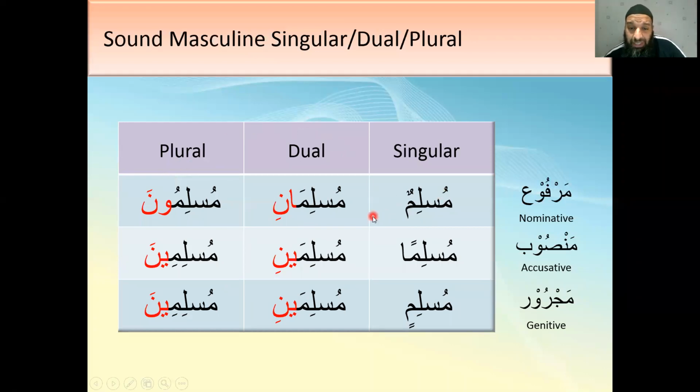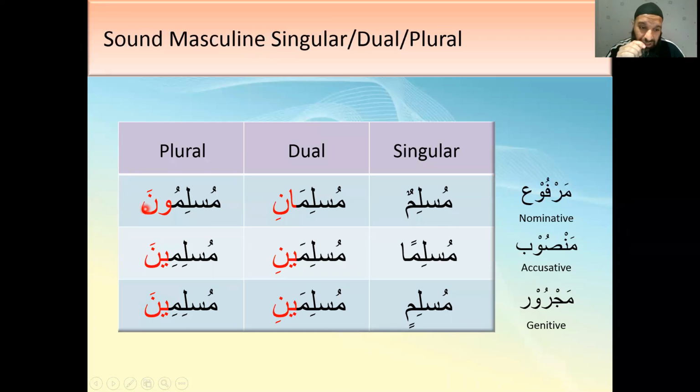So remember this template. Muslimun, marfu for dual is muslimani, and the marfu for plural is muslimuna. So kafiruna, abiduna, salihuna, kadhibuna. It's all plural. This is the template, the structure. This is what you need to learn. I put it in red.